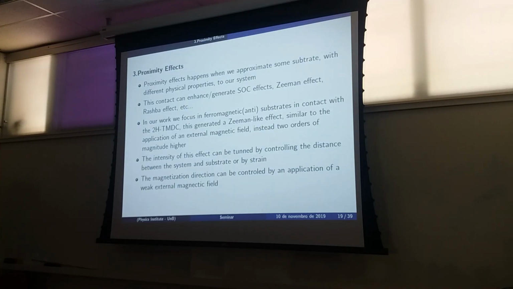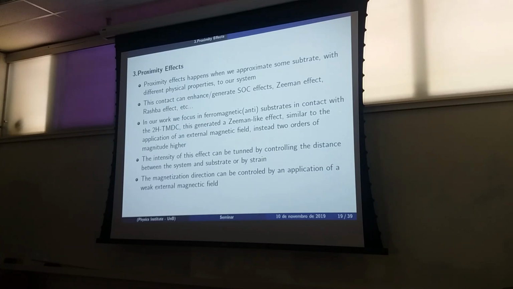So now we can talk about proximity effects. I'll try to be faster here. Basically we can place a substrate above the material and bring it close to our monolayer, and with this you can generate Zeeman effects or Rashba effects. In this seminar I only talk about Zeeman-like effects, which are similar to the application of a magnetic field.